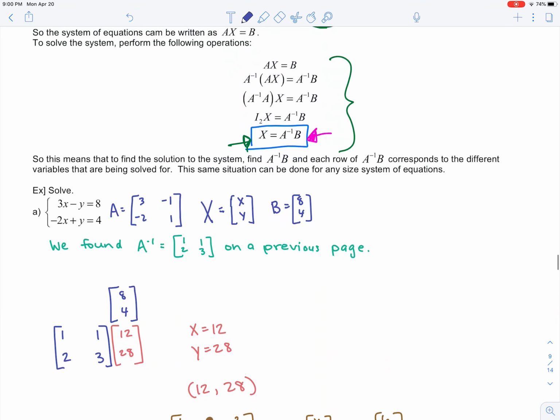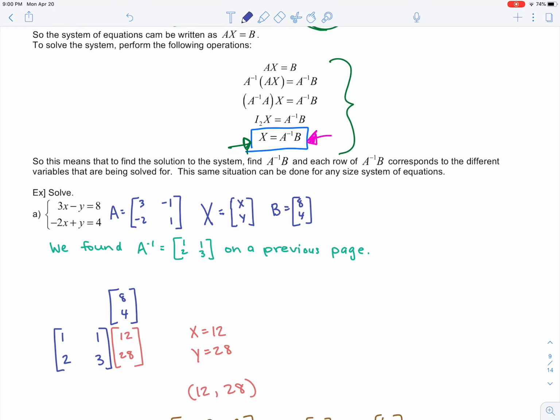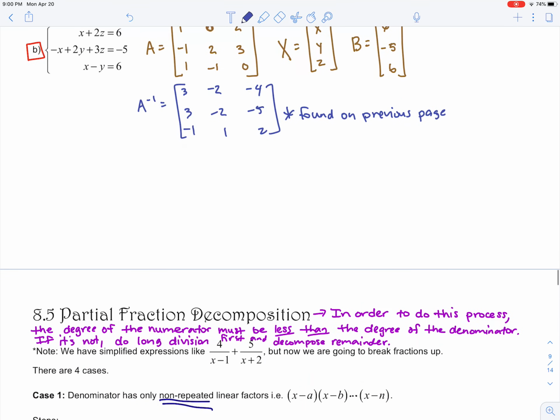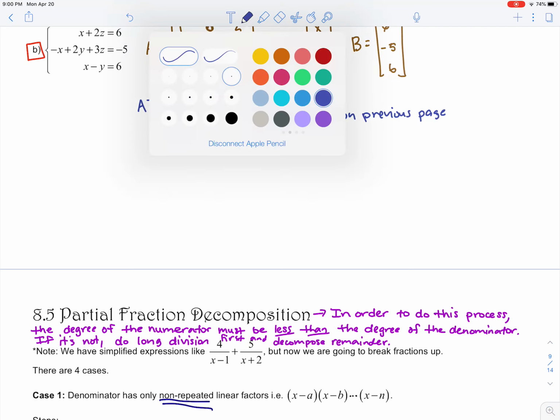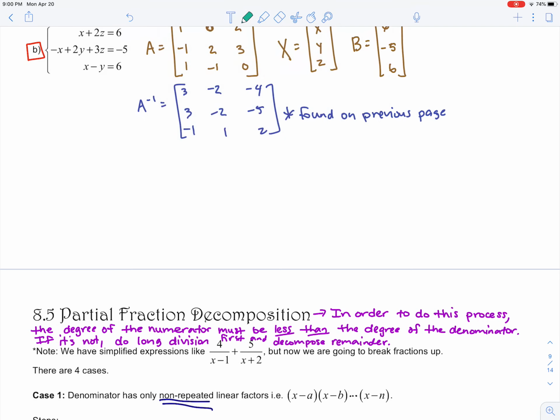Okay, so according to this above, X is equal to A inverse multiplied by B. So we're going to do that. We're going to take A inverse and multiply it by B. So here's A inverse. And here's B.